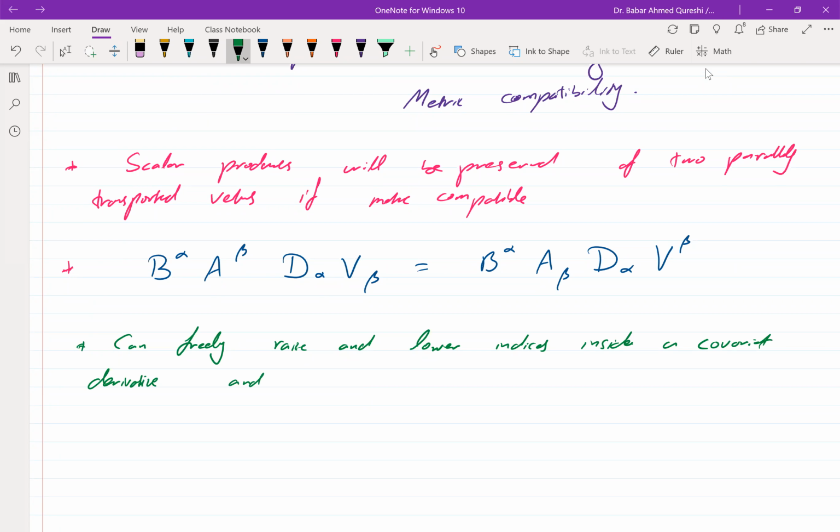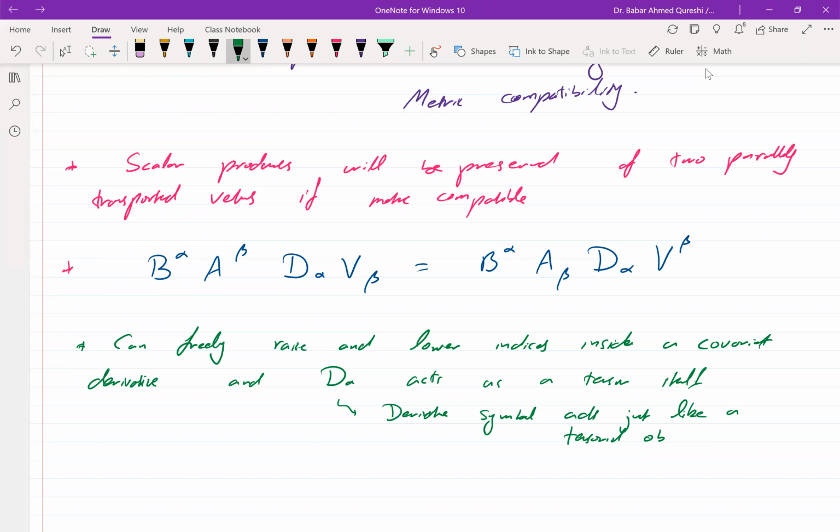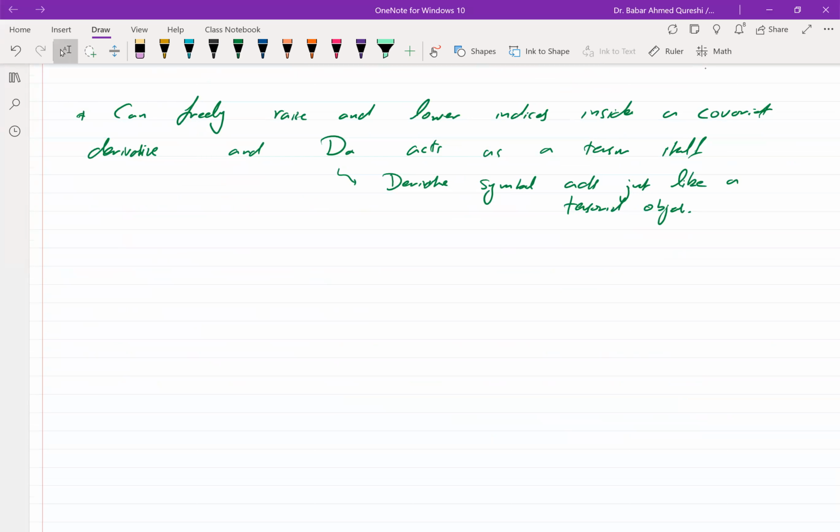And this derivative symbol acts as a tensor itself. So this derivative symbol acts just like a tensorial object, because you can take things in and out and it doesn't really matter.